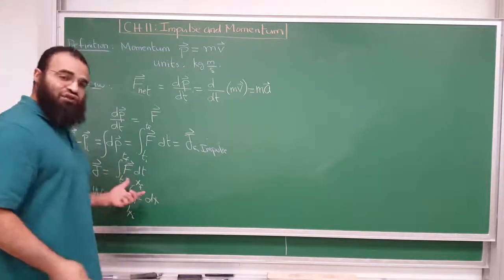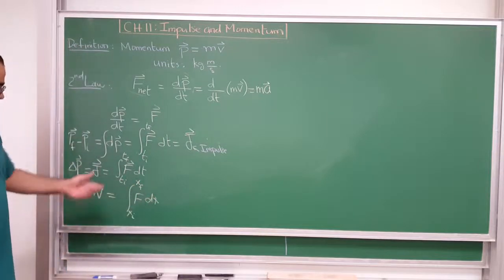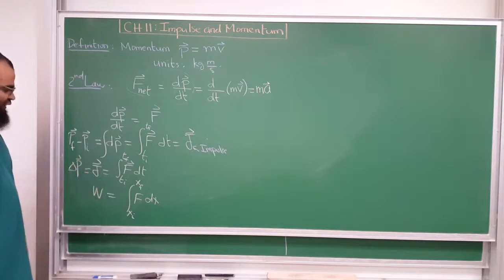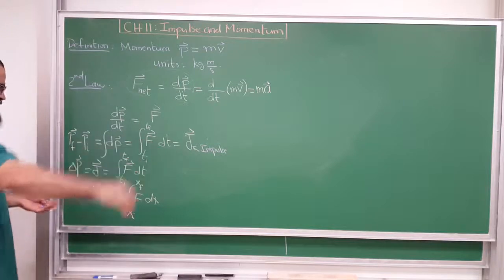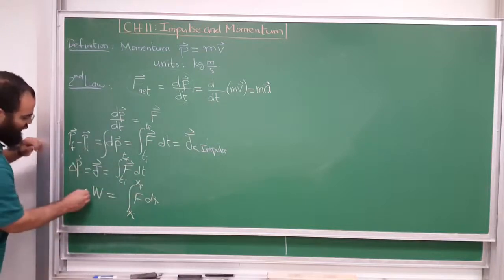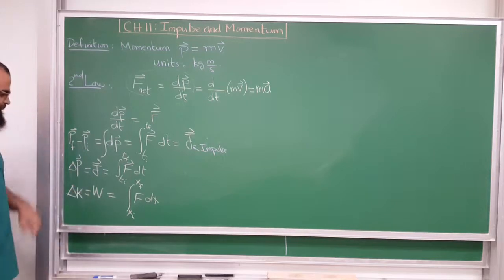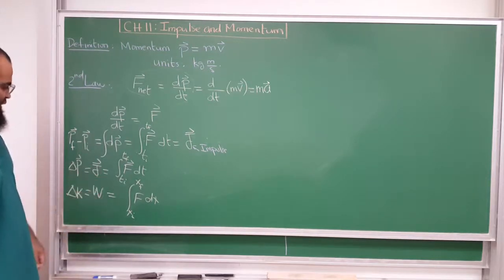Here we're applying a force for a certain length of time. When you integrate the force with respect to time, you get the change in momentum, which is called the impulse. When you integrate the force with respect to position, you get the work done, and the work done, if you remember, was equal to the change in kinetic energy, delta K. So they are kind of similar to each other, all right?